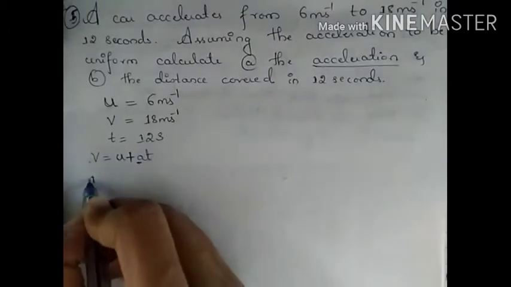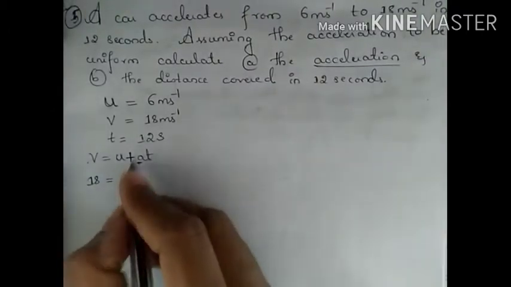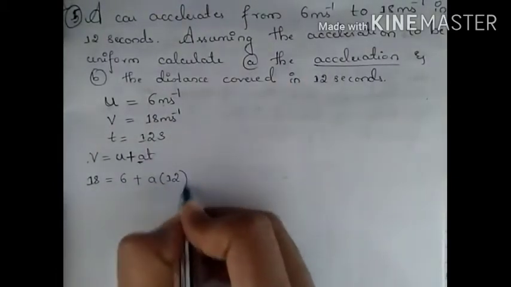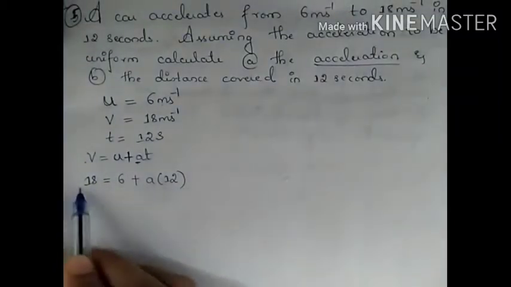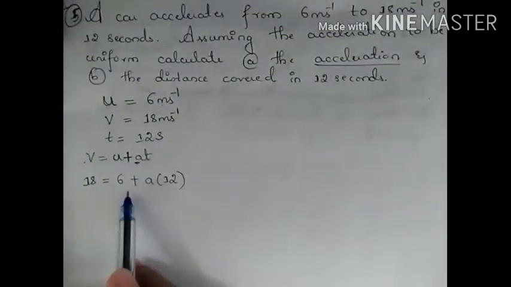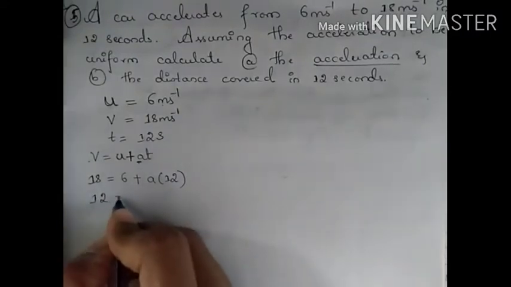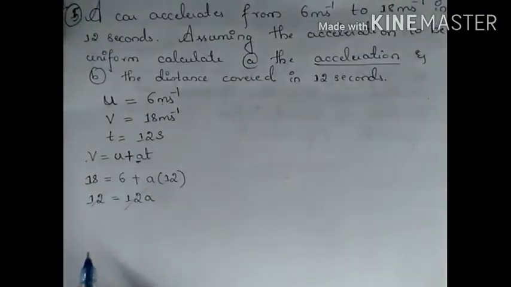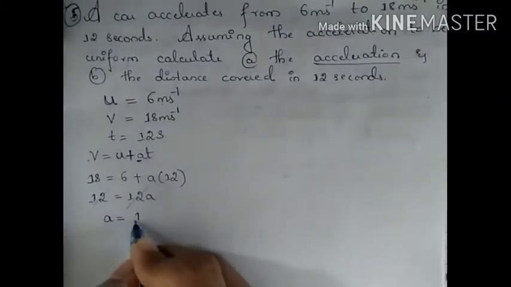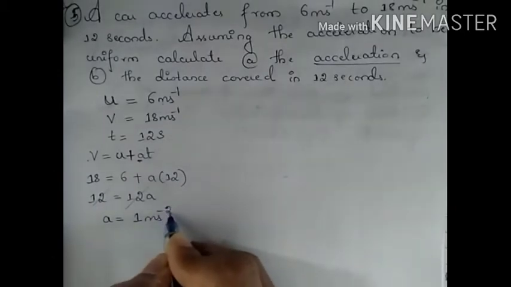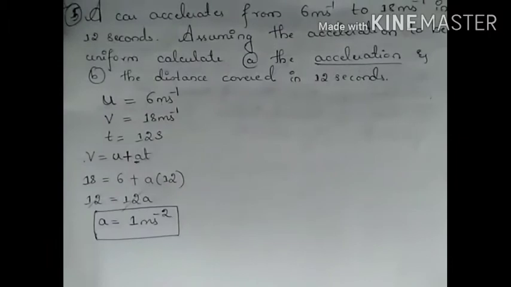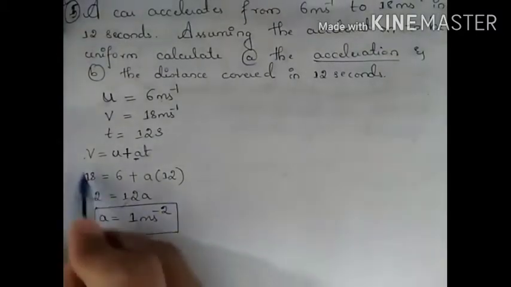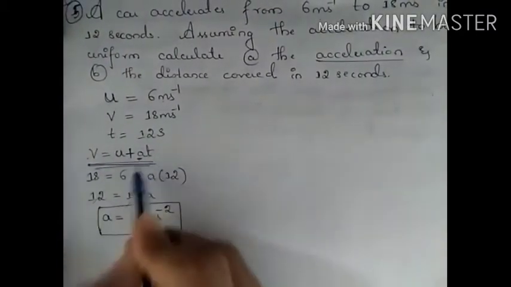So if you substitute, v is 18, u is 6 plus a multiplied by 12. So if you take 6 to this side, 18 minus 6 is 12, which is equal to 12a. 12 gets cancelled. What remains is 1 meters per second square. So the acceleration of the car in time t equal to 12 seconds can be calculated using this equation.